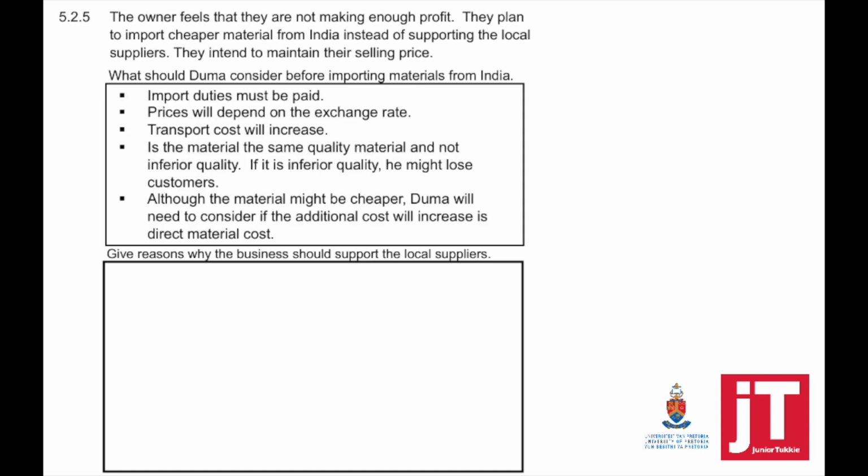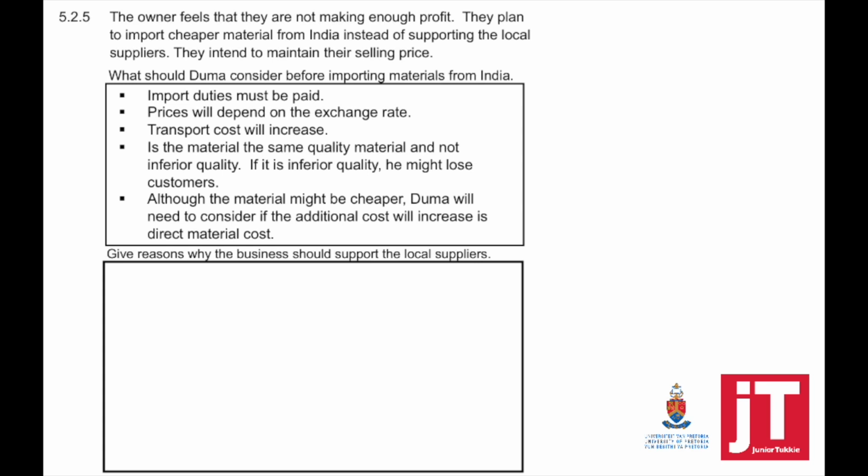So if we look at first, what should Duma consider before importing materials from India? Import duties must be paid. If he's buying now from local suppliers in Pretoria or even in South Africa, you don't need to pay import duties. Prices will depend now on the exchange rate. Transport cost will increase.